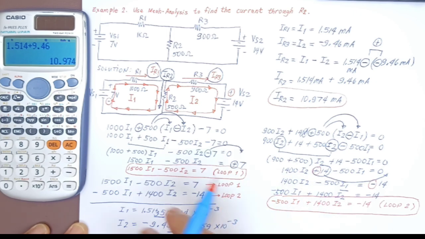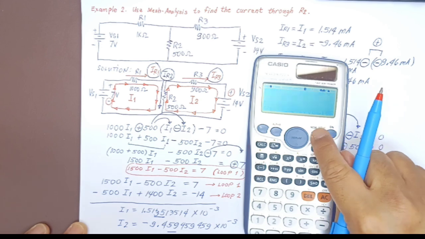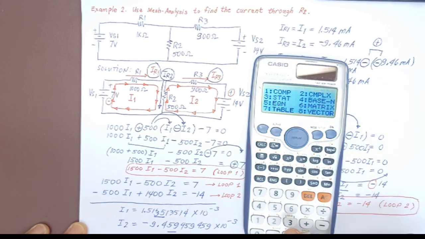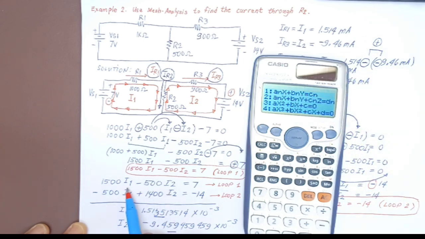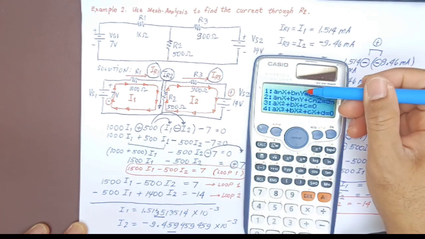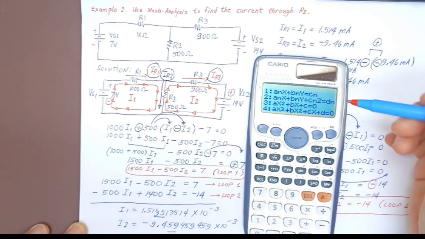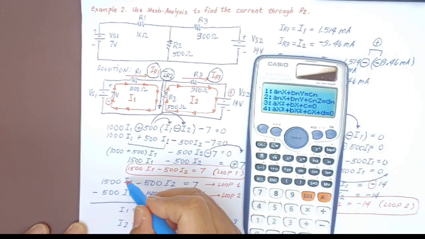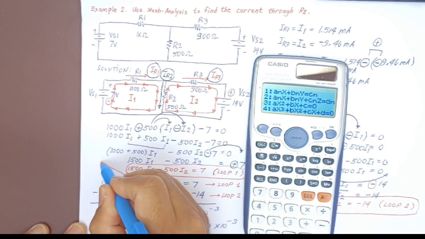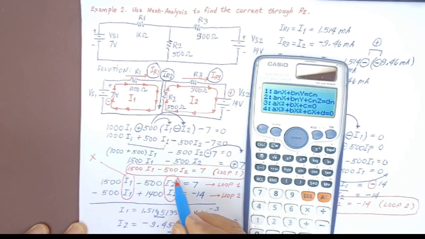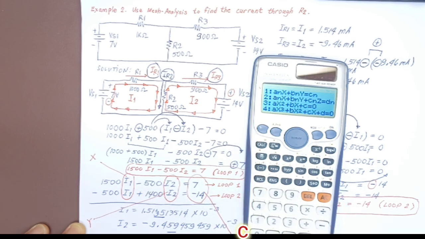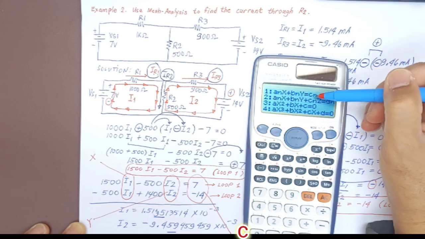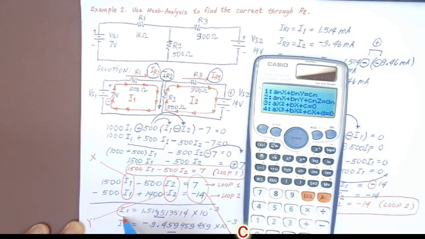And by calculation in the calculator, again, let's review, mode 5. Then press the number 1, because we only have two unknown terms, I1 and I2. We substituted the values of X as I1 and Y as I2, and the constant will be letter C, and we will be able to get the values of X and Y easily, which will also be I1 and I2.